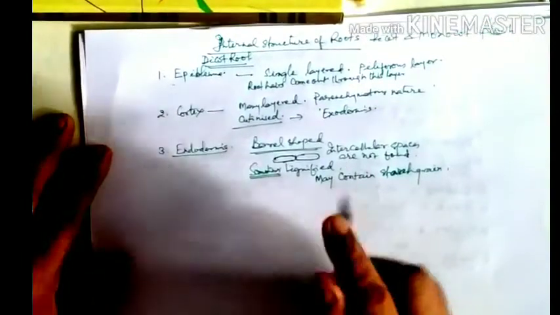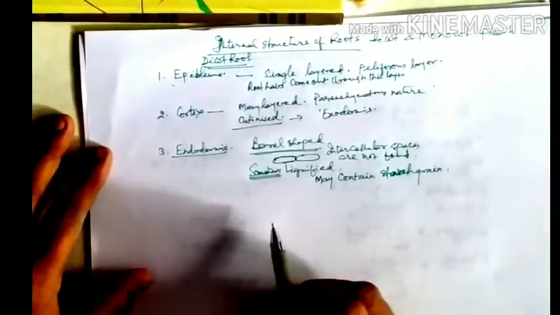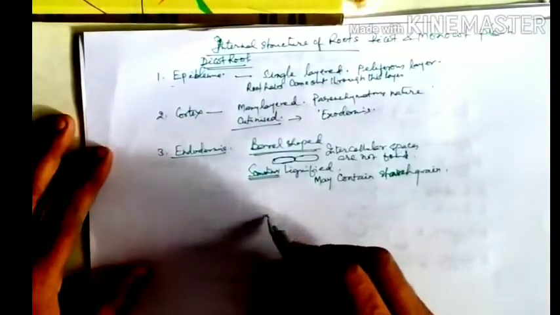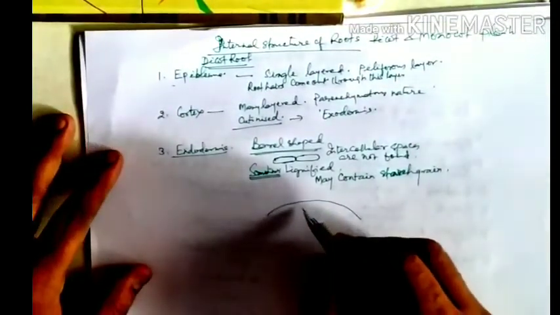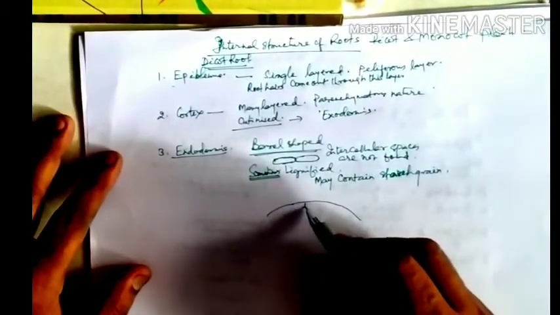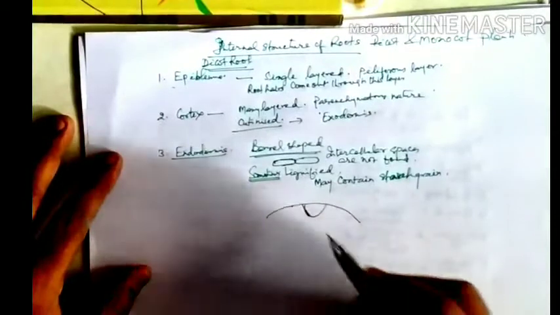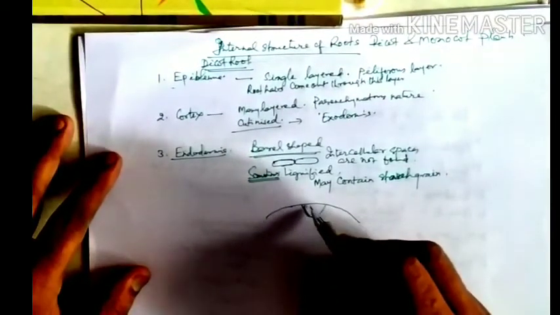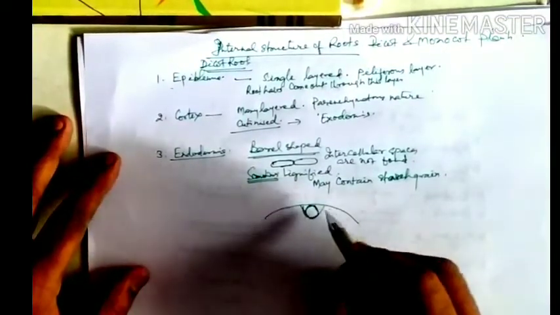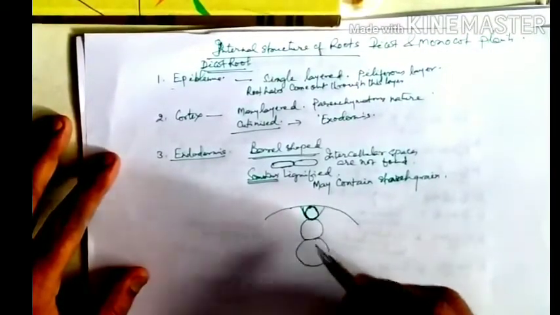The cells of the endodermis near the protoxylem are thin layered. You see that inside the endodermis there is the arrangement of the vascular bundle. Xylem is at one radius and the phloem is at another radius, and here the protoxylem is towards the endodermis and the metaxylem is towards the center.